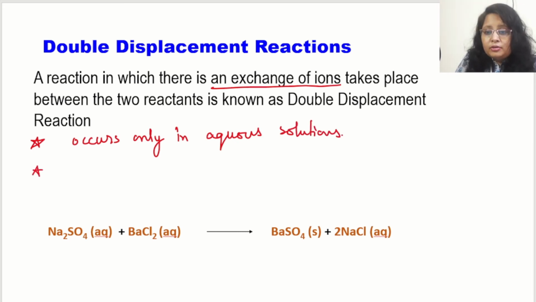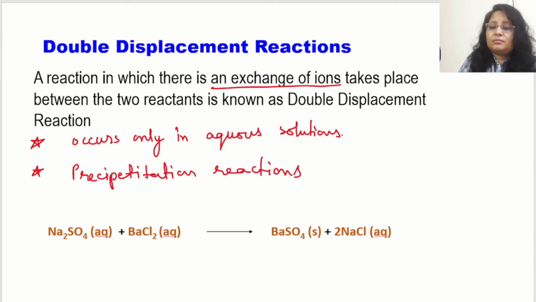One more point to be noted is, this type of reaction, double displacement, is also known as precipitation reaction. Now, why is it called precipitation reaction?